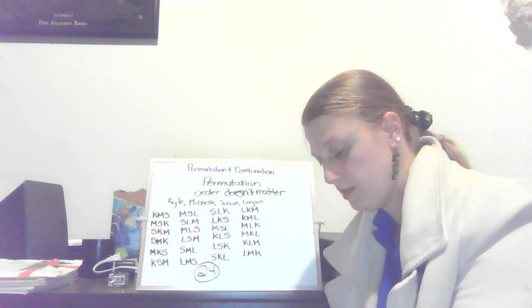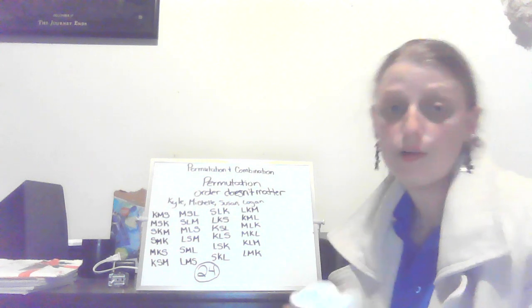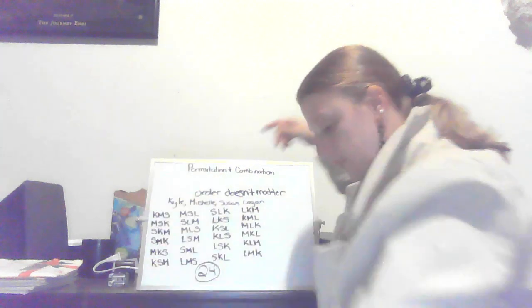Now, combinations, as I mentioned earlier, is a little bit different. When you have combinations, you have to remember that order does matter. So I'm going to erase permutation up here, and I'm going to write combination. Order does matter in this instance.